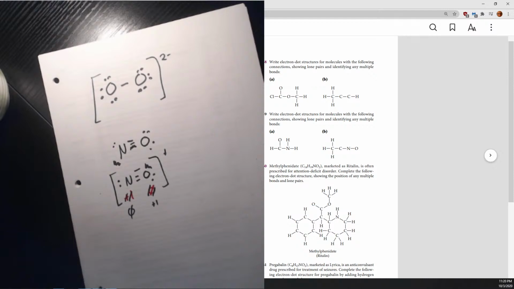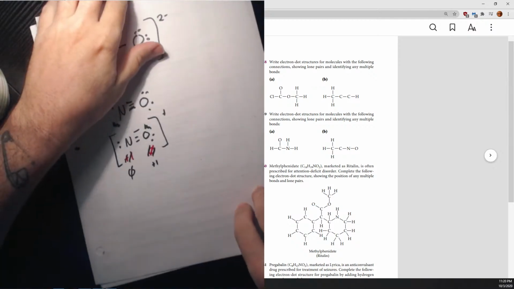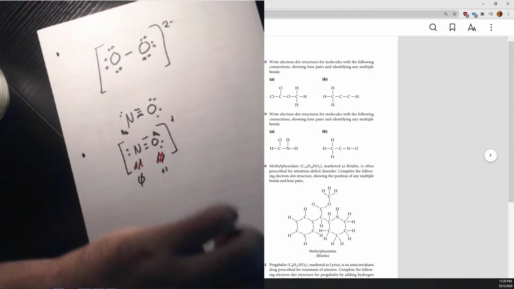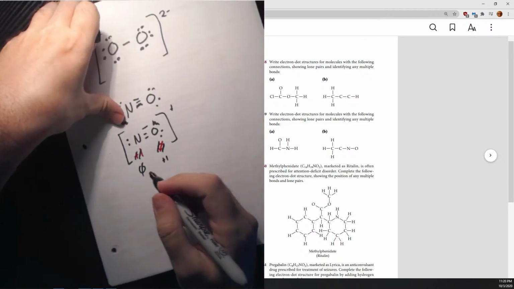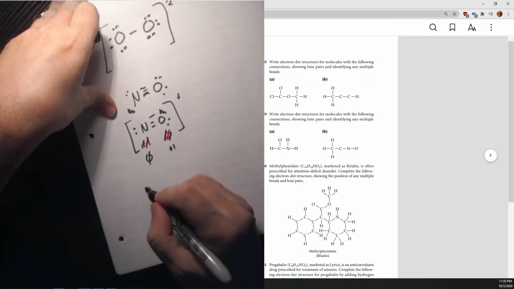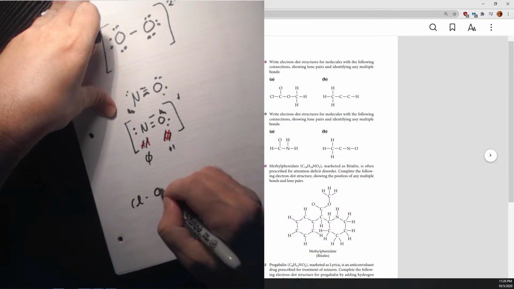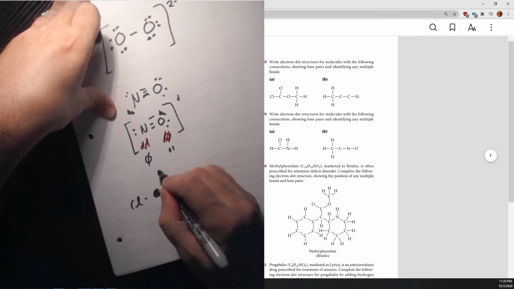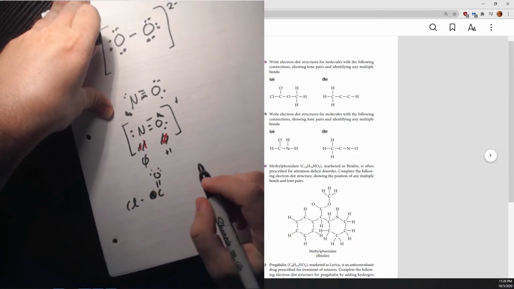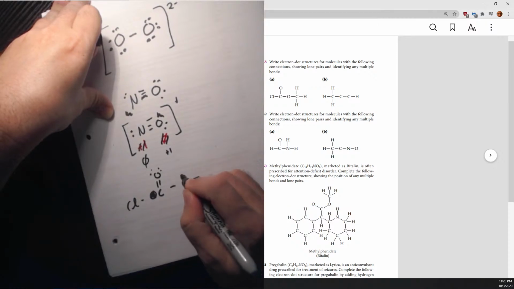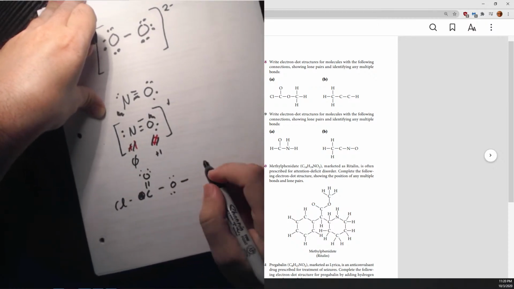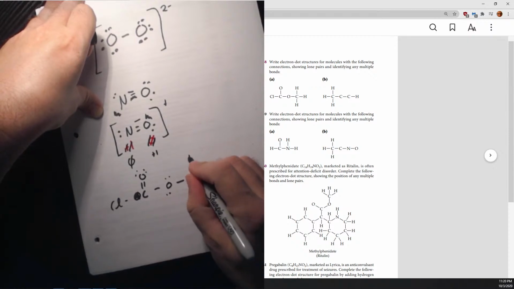All right. So next up, 58. Write electron dot structures for molecules with the following connections, showing lone pairs and identifying any multiple bonds. Okay, that's fairly straightforward. In order to make these molecules happy, knowing about valency helps. So let's see, we have chlorine, carbon, oxygen, carbon, hydrogen.